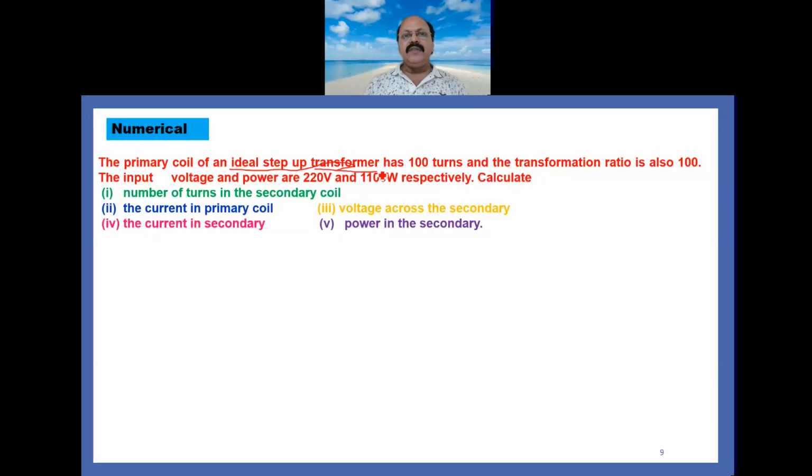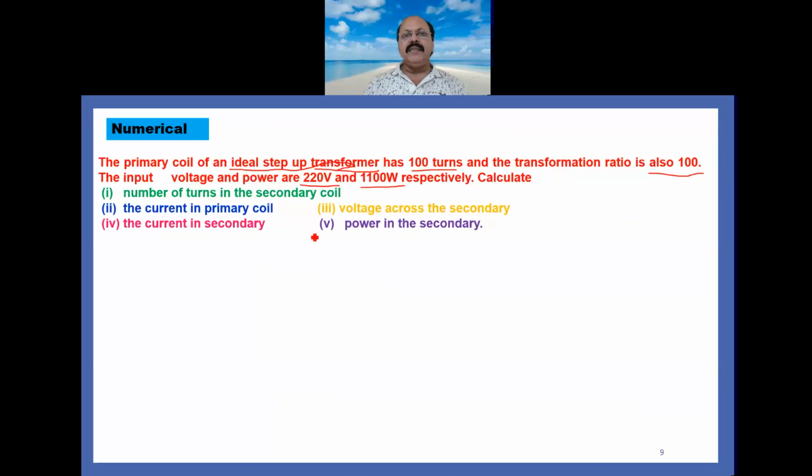So ideal transformer means output power must be equal to the input power, means there is no loss of energy, and the number of turns in the primary, NP, is given, transformation ratio of 100, that is K, is given, input voltage EP is given 220 volt, input power is also given.